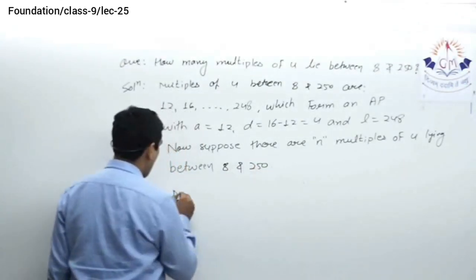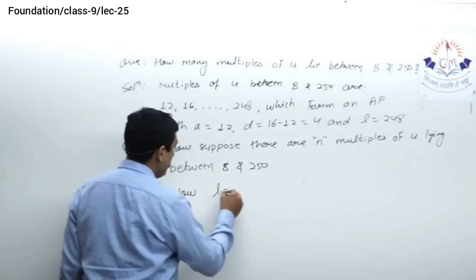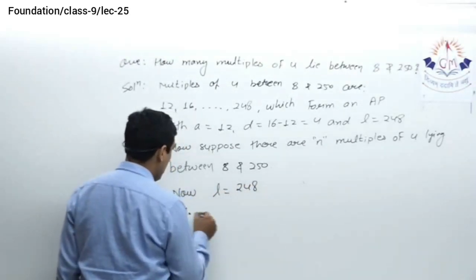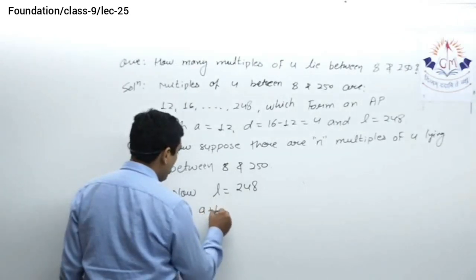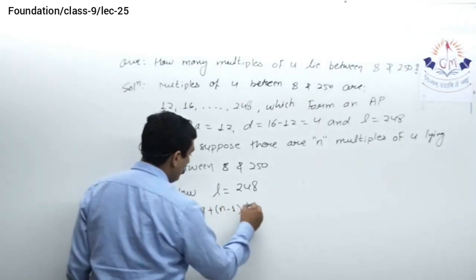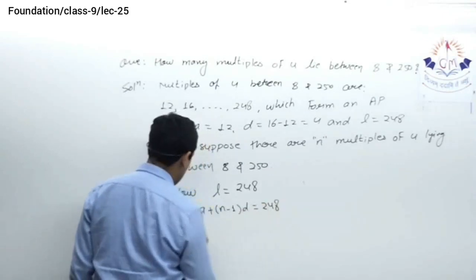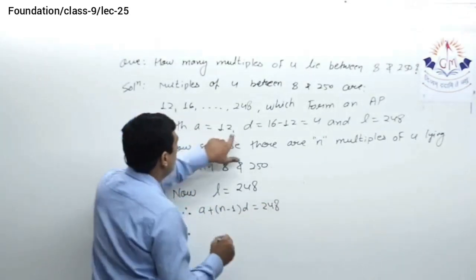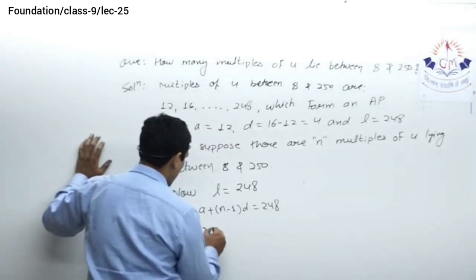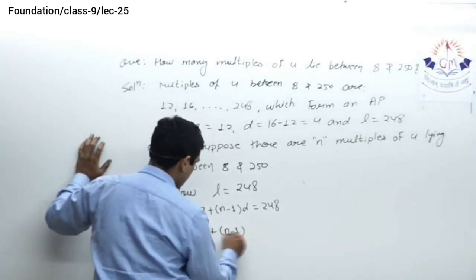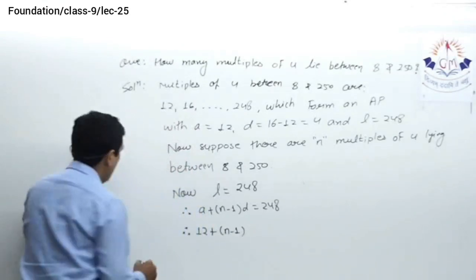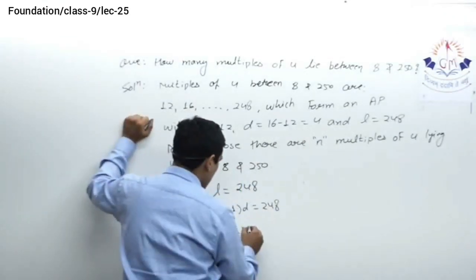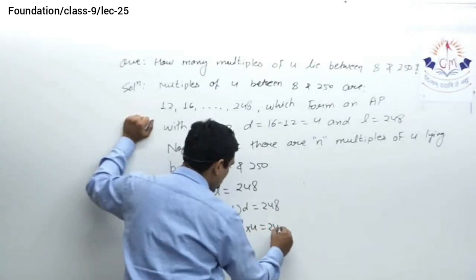Now L is equal to 248, therefore A plus n minus 1 into D is equal to 248. Now A is equal to 12, so 12 plus n minus 1 into D, D is 4, is equal to 248.